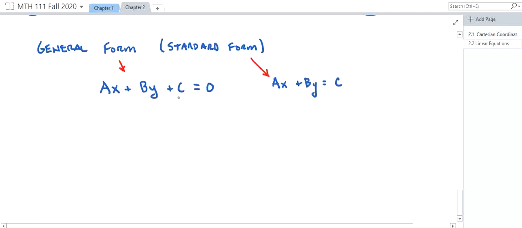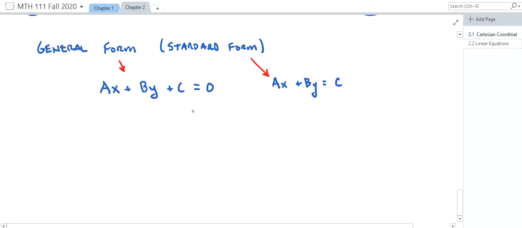Since c is a constant, the sign doesn't really matter. If these were representing the same line, then c here would be positive or potentially negative, and c there would be the opposite.